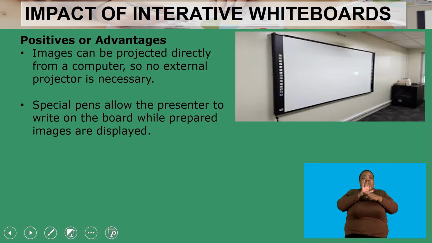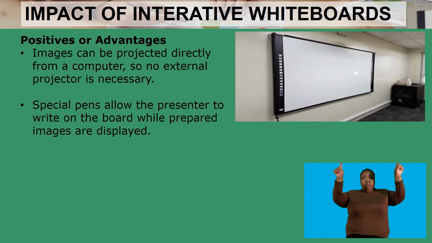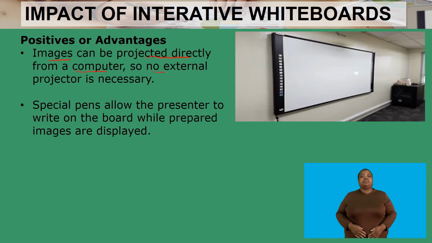And then we have now the impact of another visual aid, which is an interactive whiteboard or a smart board. This is how a smart board looks. So we are looking into the positives, to say the advantages of using a whiteboard or interactive whiteboard, is that images, meaning pictures, can be projected directly from a computer.